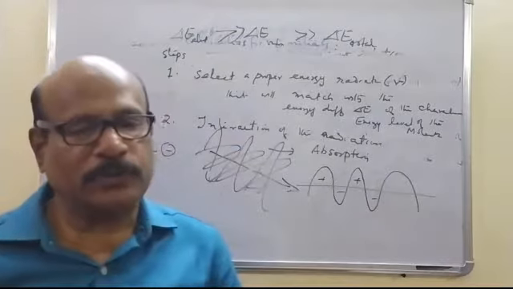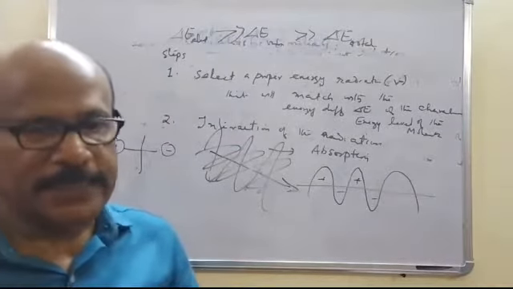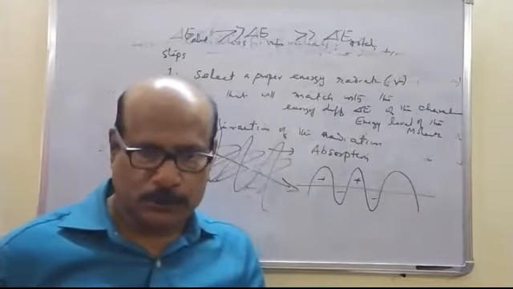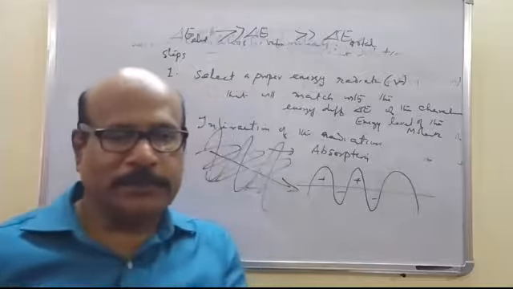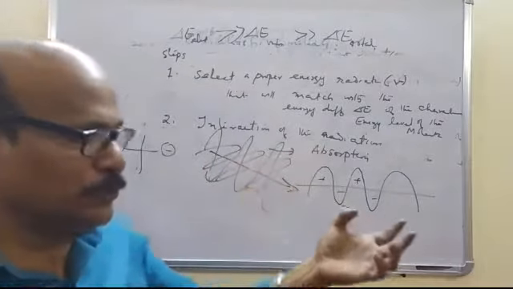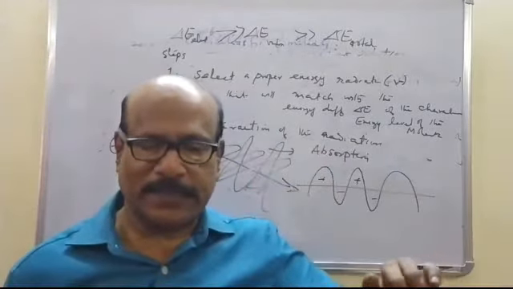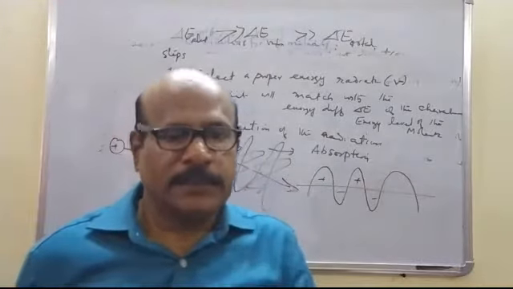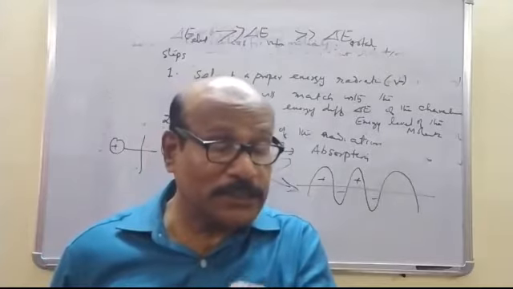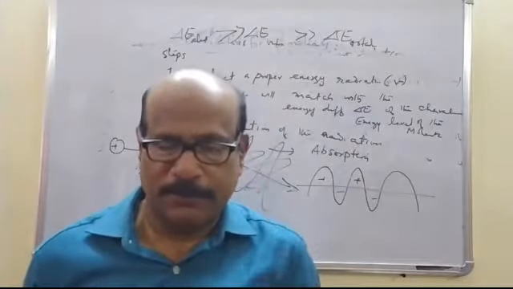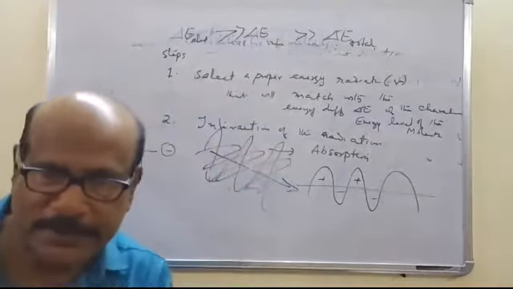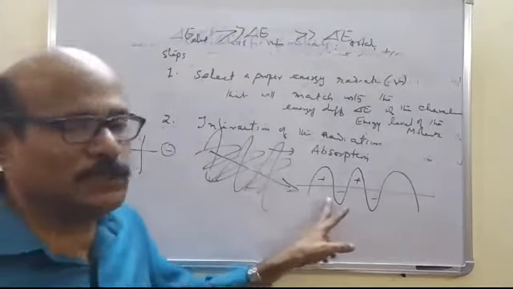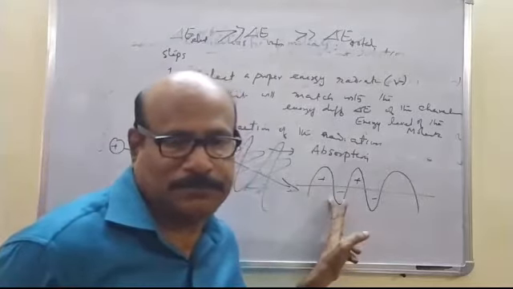So you select the microwave radiation and expose the molecular system to it, so that now the energy of the microwave radiation becomes equal to the characteristic rotational energy level difference of the molecule. Then if the molecule possesses a permanent dipole moment, during the rotation, it produces an oscillating electric field.